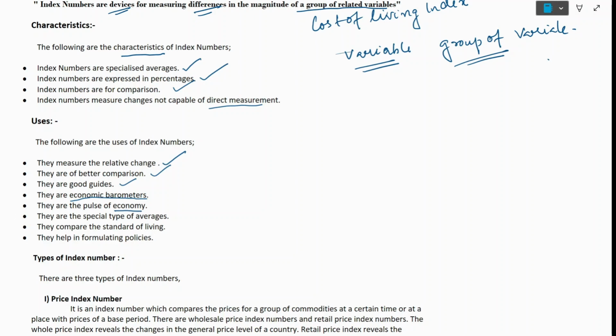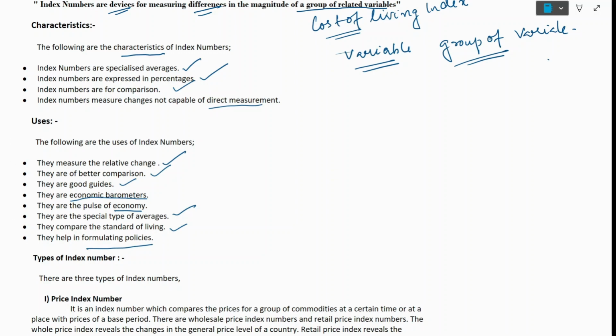They are called a special type of averages. They compare the standard of living, that means the cost of living index for different places when we compare it. Therefore, they compare the standard of living and help in formulating policies. These are a few uses of index numbers.